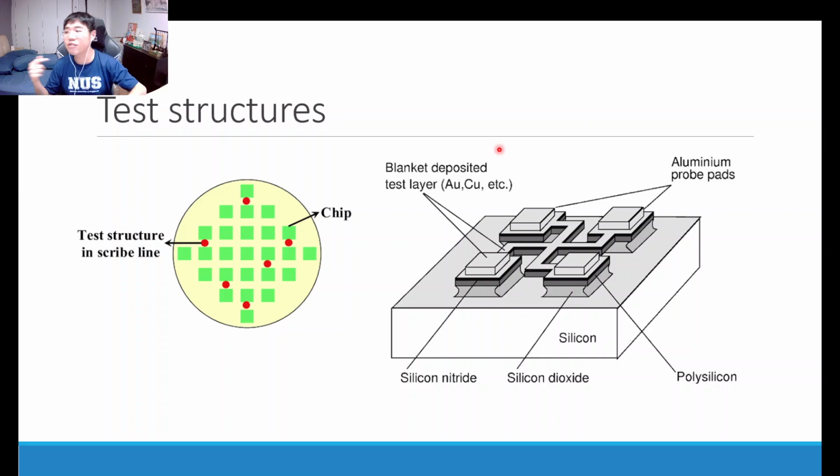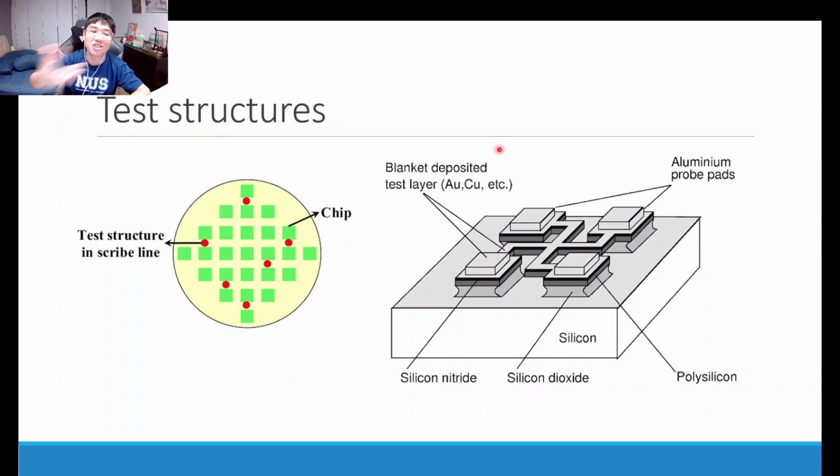So the idea is that if your fabrication process fails to produce good test structures, most likely it also will not produce good transistors in your chip. So if testing these test structures shows that they are not created as designed, most likely your transistors in the chip are also not created as designed, and there'll be problems.